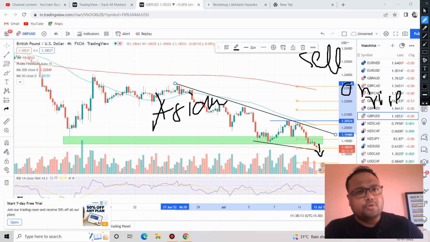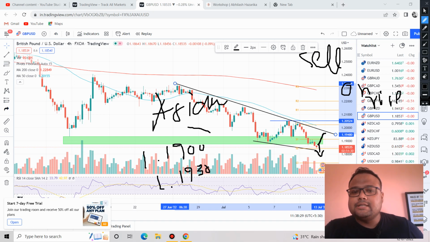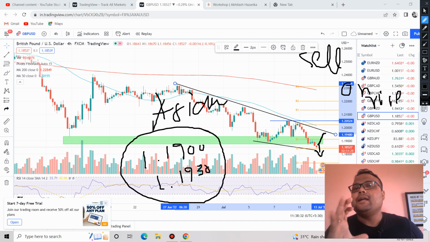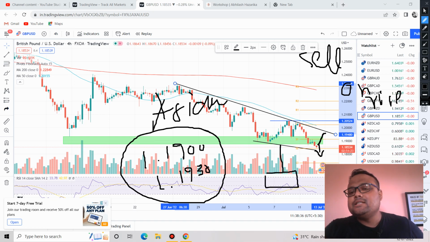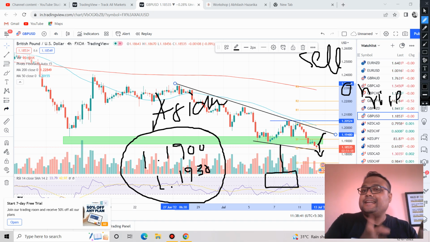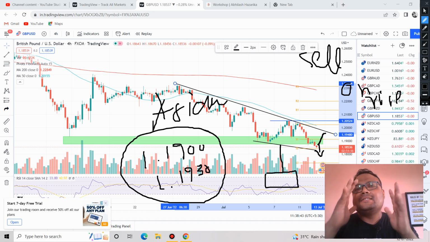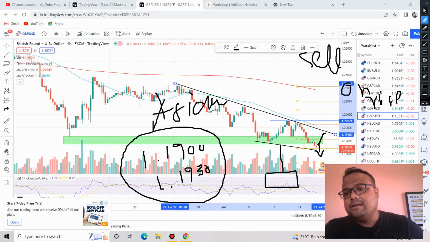How to take the position or trade? Wait for the market to recover. Once you see that the market is unable to cross 1.1900, 1.1930, this level, if you find the market struggling around this level, if you find the market showing price rejection from above around this level, you will get the confirmation that the dynamic resistance that has been giving us opportunity for quite some time is still very much valid, and you can take a sell position here.